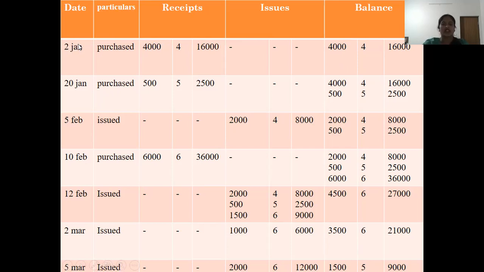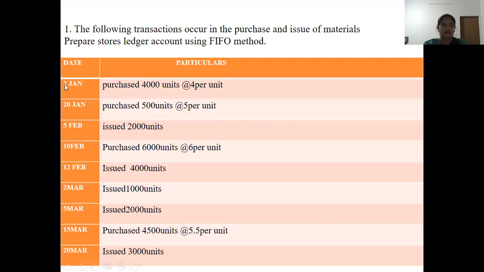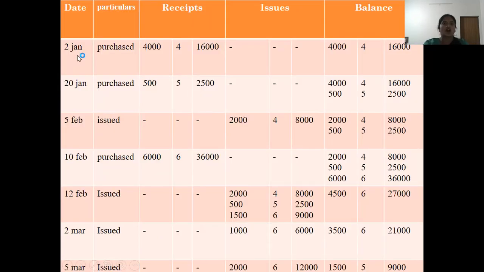Now let us go to the problem. On 2nd Jan, purchase 4,000 units. On 2nd January, under the particulars you take purchased. How many units have you purchased? 4,000 units at the rate of rupees 4 per unit. So 4,000 into 4, you are going to get 16,000.